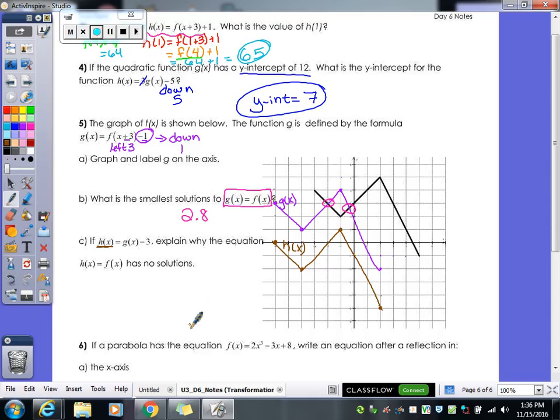I'm going to label it h of x. So then they want to know, why does our new one, h of x, have no solutions with f of x, the original? Because they don't cross.